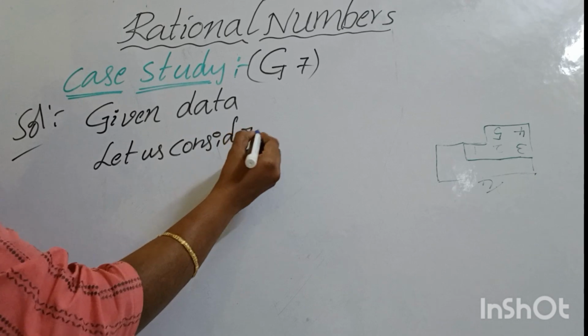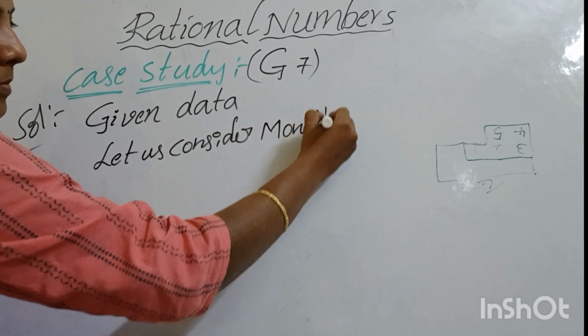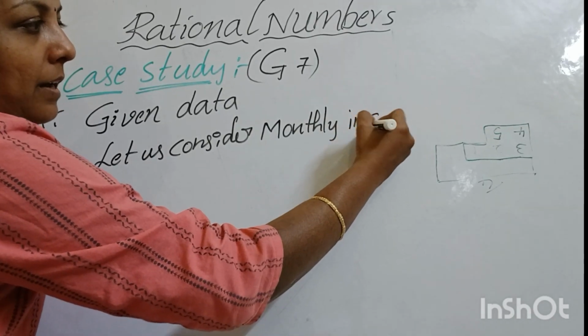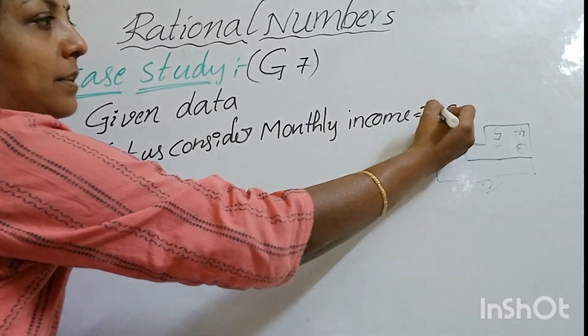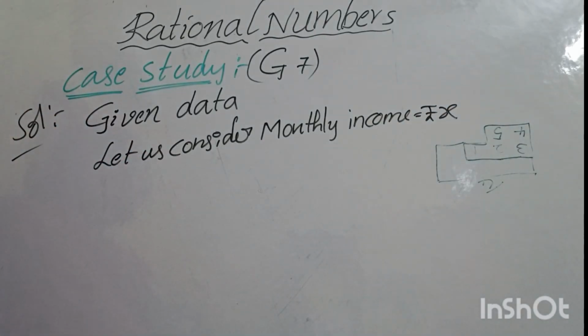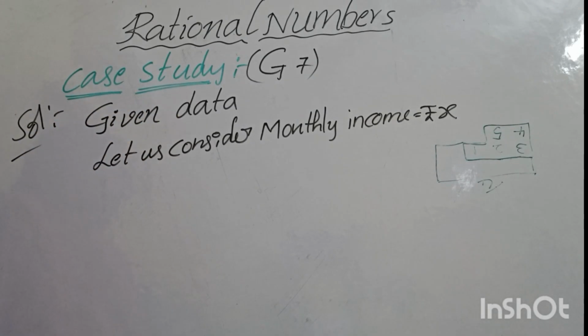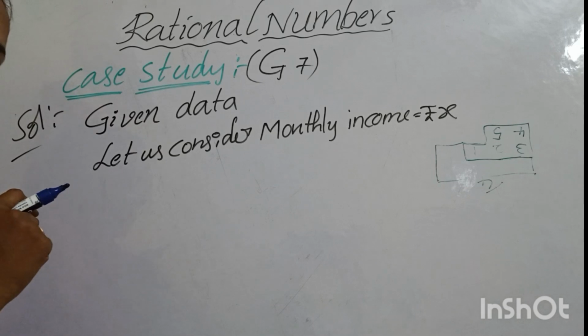Let us consider monthly income, or salary, or income, as X rupees. Because they didn't give this information, but they have given everything about how much he is spending: for donating, for food items, and for other expenses.